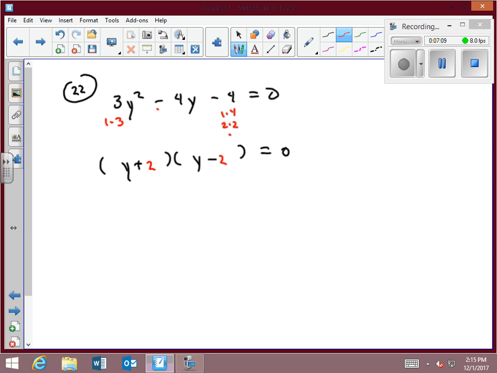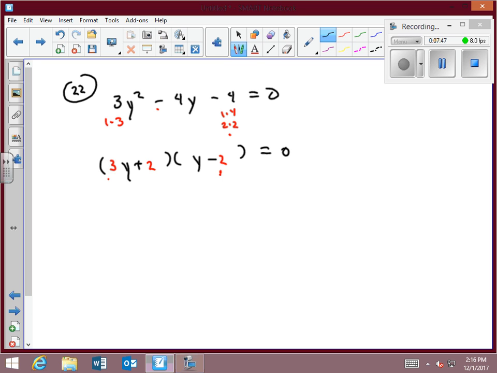And notice the 3 has to be associated with this 2 to get a product of negative 6. So you understand, the larger product has got to be negative. And the 3 with the 2 is the larger product. So to be negative, that 3 has to be associated with the 2 that's over there to get a negative 6.